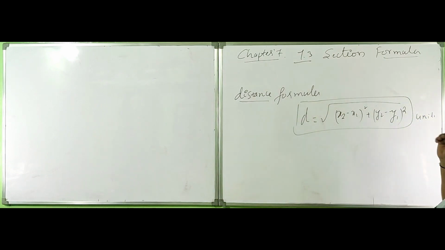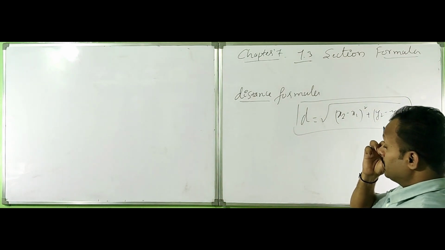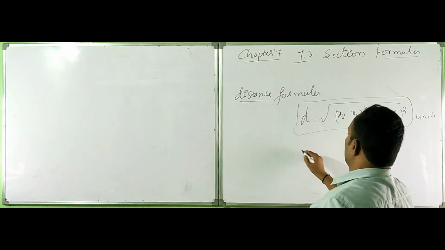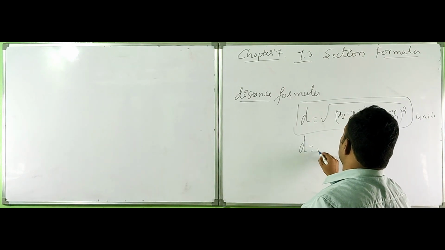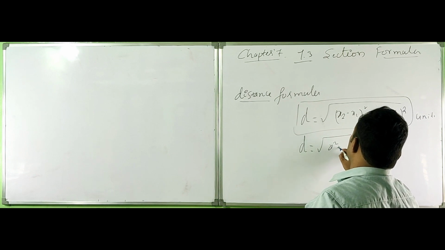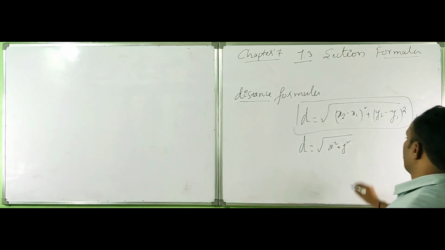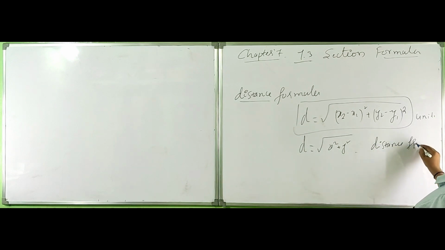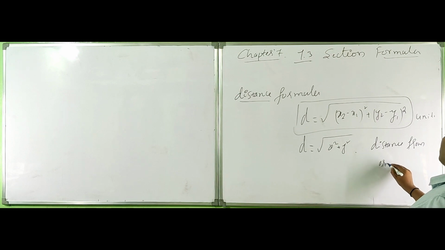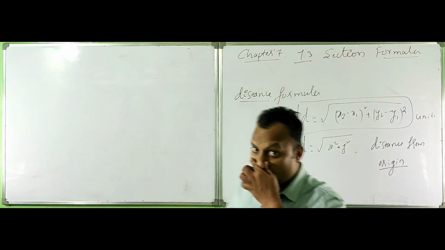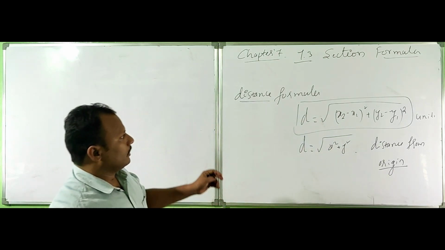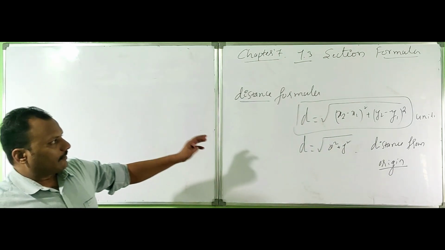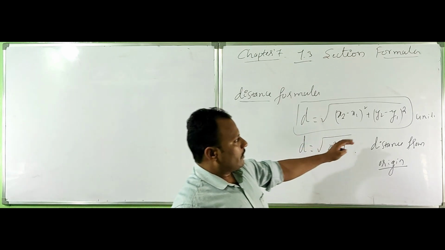Then with respect to the special case, the origin, we have x square plus y square. That is the distance from the origin. It is the origin, not horizon. In the previous class, we discussed the distance formula: d is equal to (x2 minus x1) whole square plus (y2 minus y1).